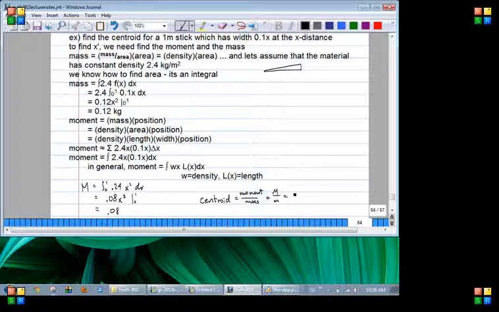So the moment was 0.08. The mass was 0.12. So centroid is at the 2/3 mark. And since centroid is measuring a distance or position, this is in meters.